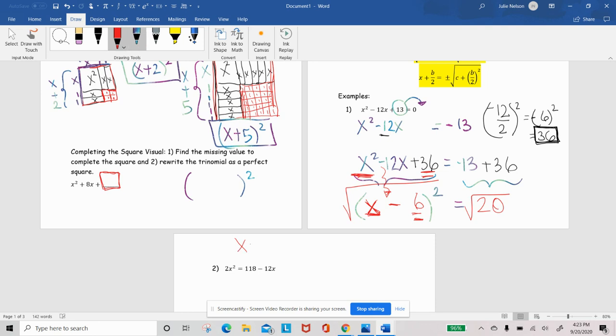So I get x minus 6 equals plus or minus the square root of 20. The reason it's plus or minus is because x squared tells you that you could possibly get two values. The last thing I want to do is solve for x, so I'm going to add 6 to both sides.